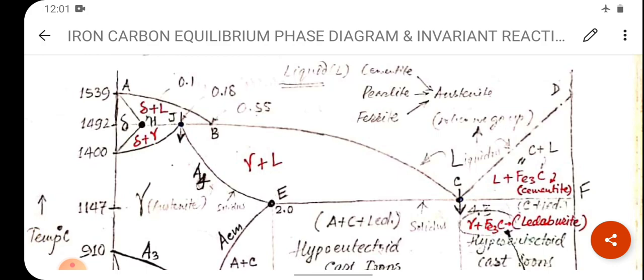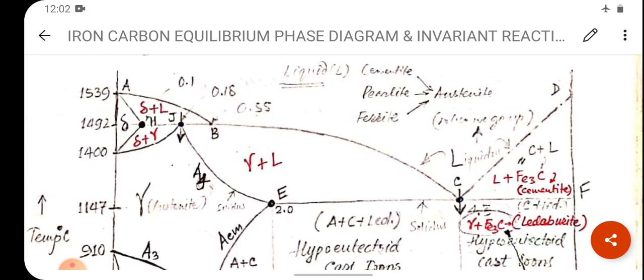Clear? So before that I'll explain each and every point. I'll cover this iron carbon diagram as per given name on it, that is A, B, C, D, J, H. See this diagram on the left hand side, there is a J, there is a H, E, F and so on. So draw a line from A to B up to 0.18% carbon, that is draw a curve line.